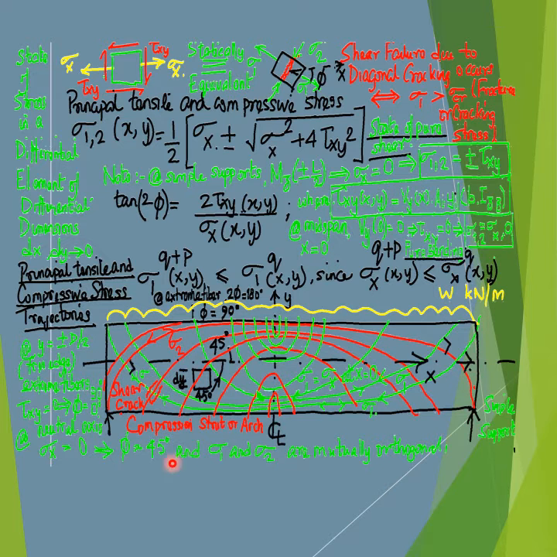And the neutral axis at which the normal or direct bending stress sigma x is 0, while the shear stress tau xy is maximum, as depicted by the plot of the shear stress over the depth of the cross section presented in the previous slide.